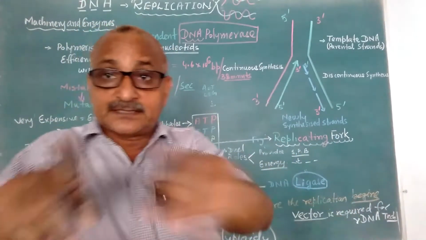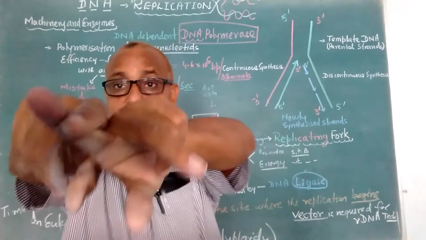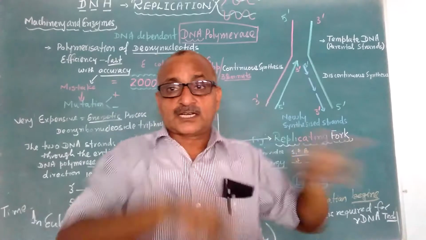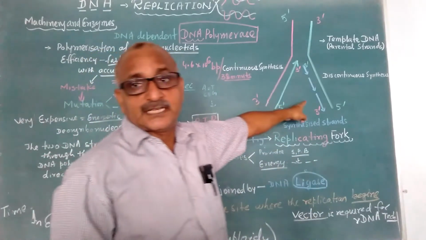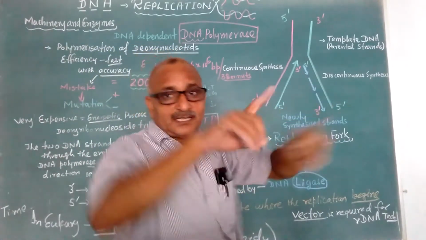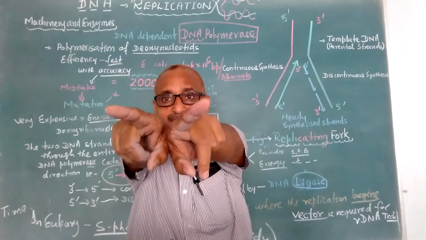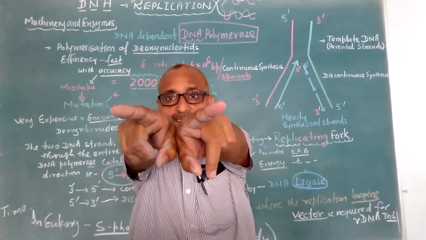It's like a fork: when the strands remain associated and when they separate, the figure is just like a fork, what you are looking at here in the diagram.